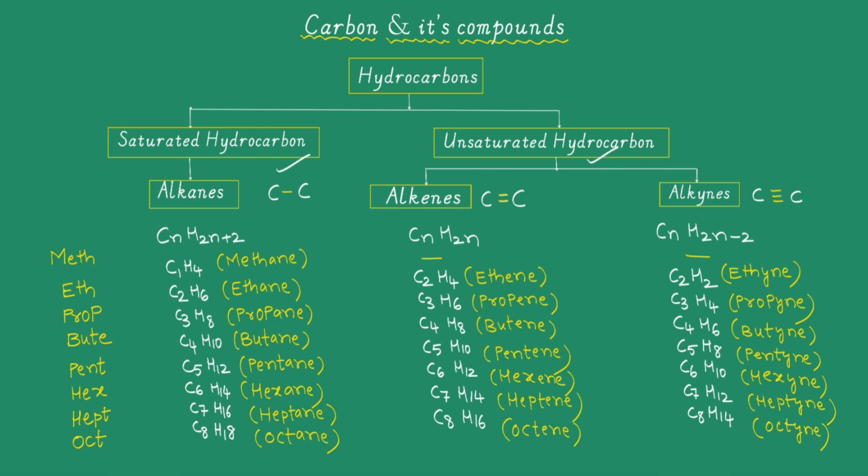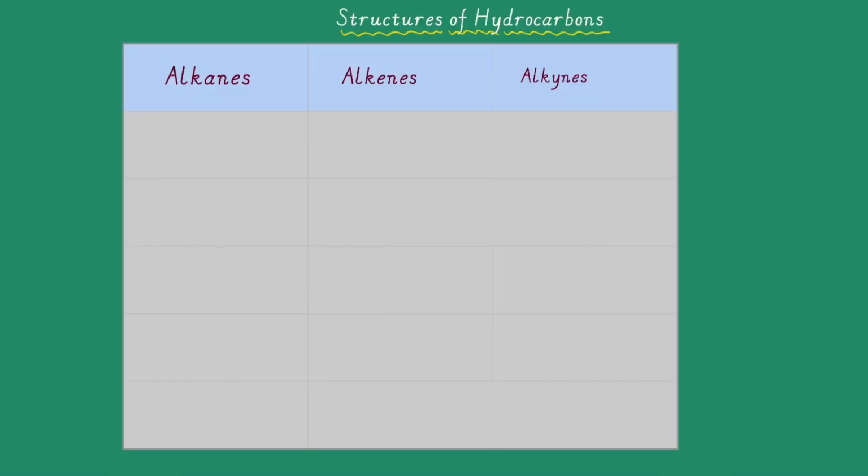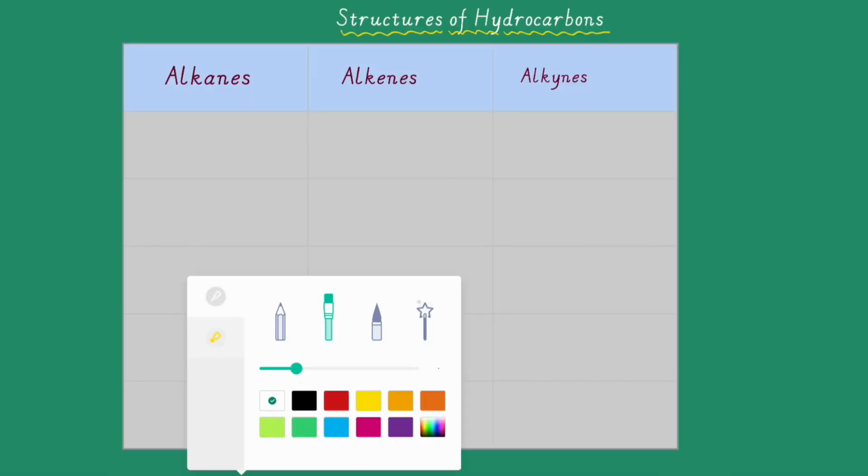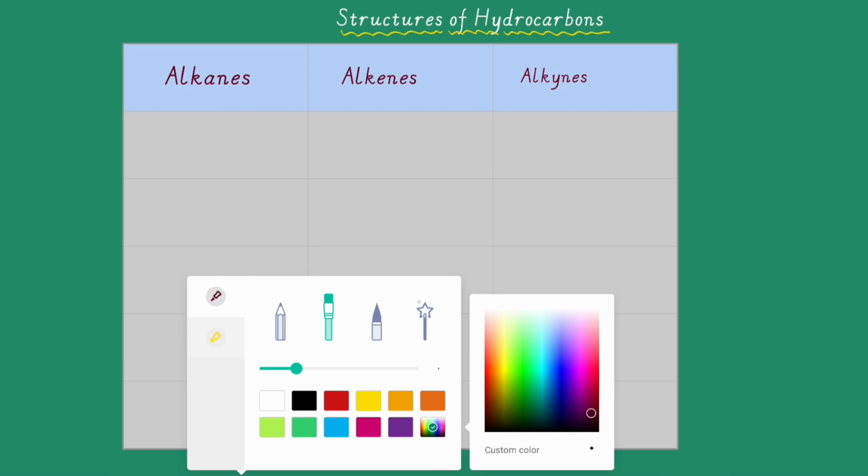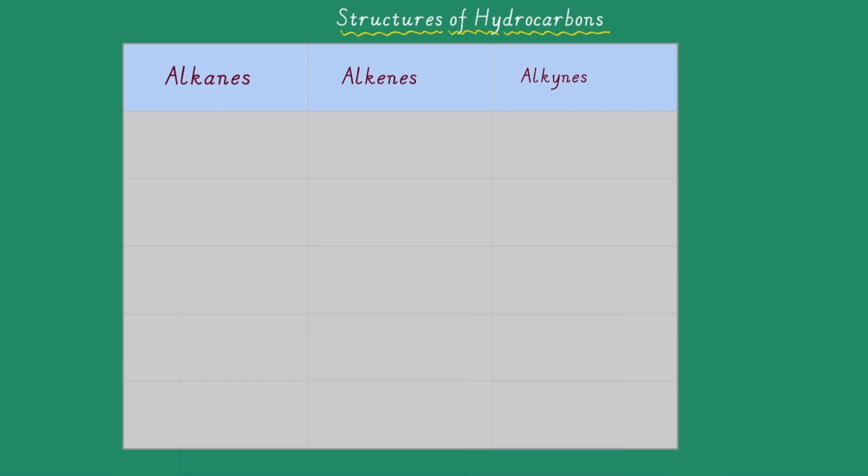Now let us see how we draw the structures of these hydrocarbons. For example, let us see the first one, alkanes, with one carbon, that is CH4.